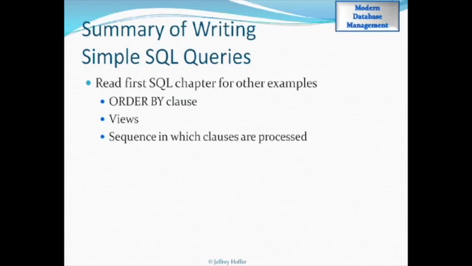In this video, we worked with only database tables, or what are called base tables. In the first SQL chapter, you see that we can simplify complex queries by first creating from multiple tables a view, which is one virtual table, and then writing a simple query on that view to produce the final result.